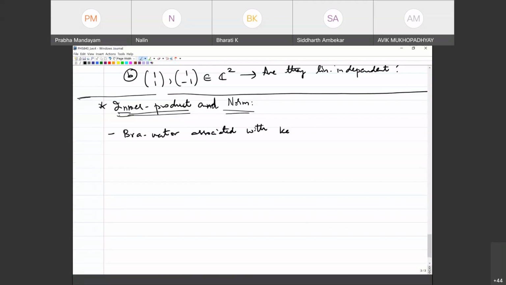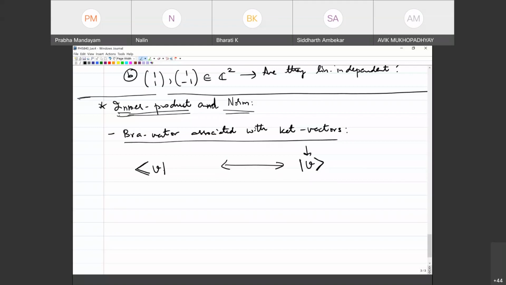So this idea: if I have a vector v, this ket v, then I associate with it a straight line with a left angle bracket. This is what would be called the bra v associated with the ket v.